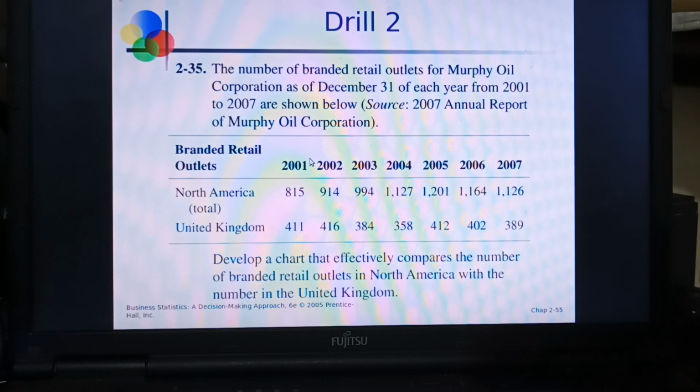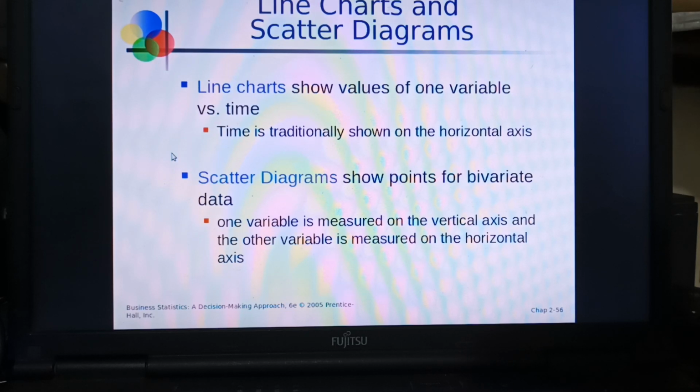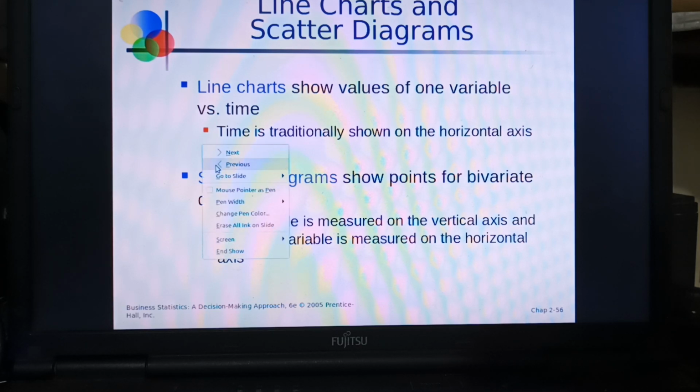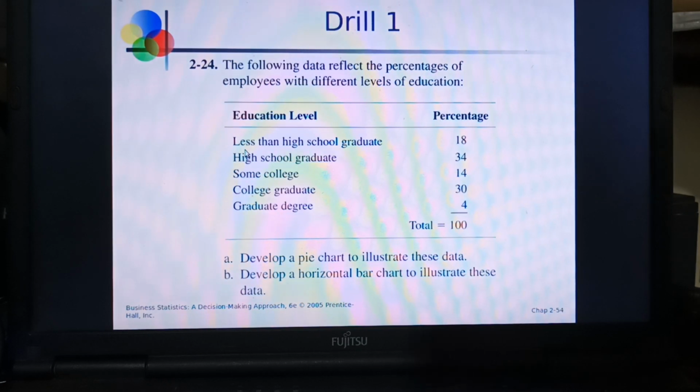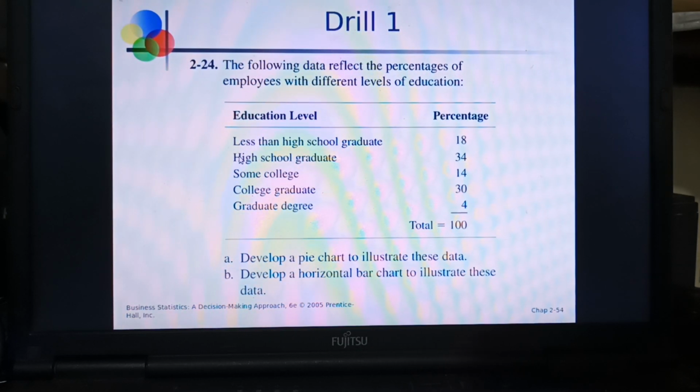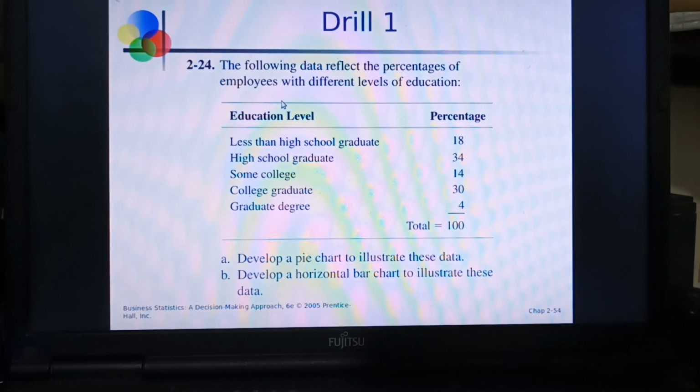Now this will be some of your lab exercises. For 2-24, the following data reflect the percentages of employees with different levels of education.